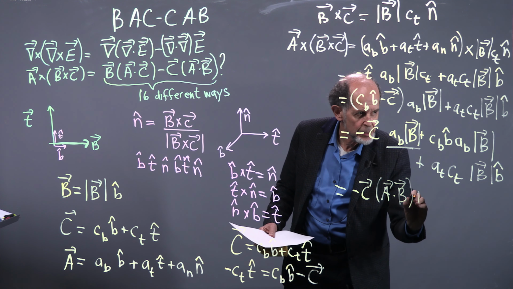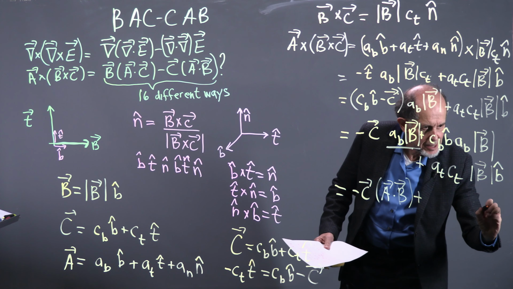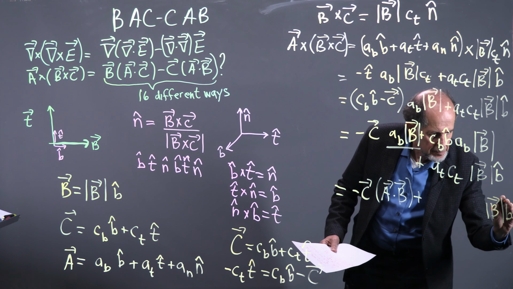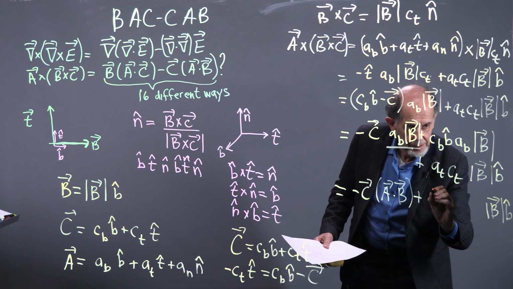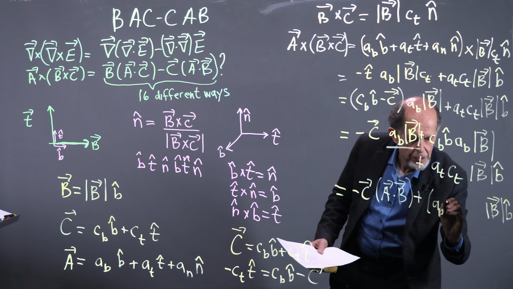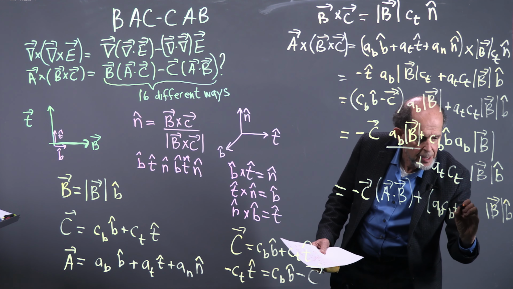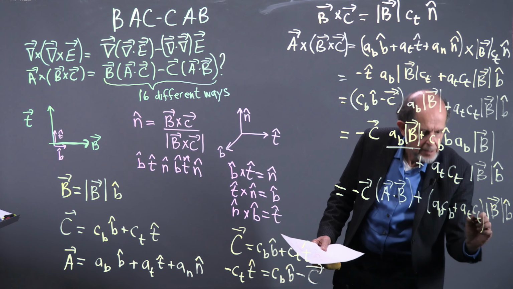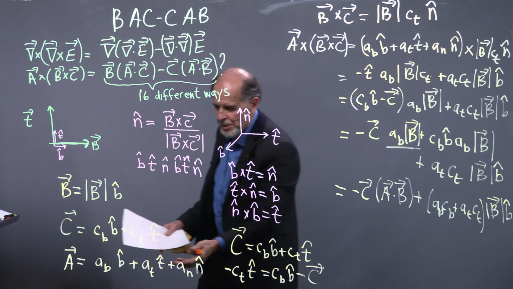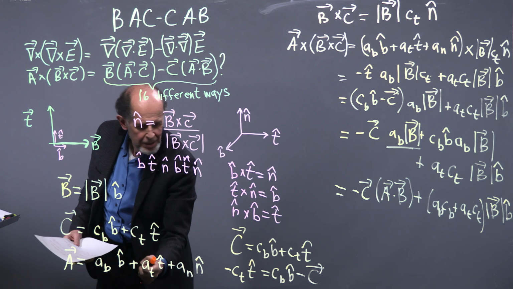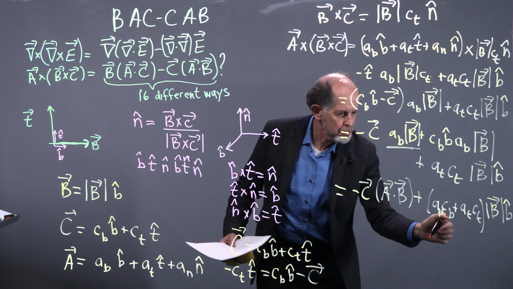How about the second term? We factor out this, and we have AB CB plus AT CT. What's that? Take the dot product of C and A. CB, AB, CT, AT. That's exactly what we have here.